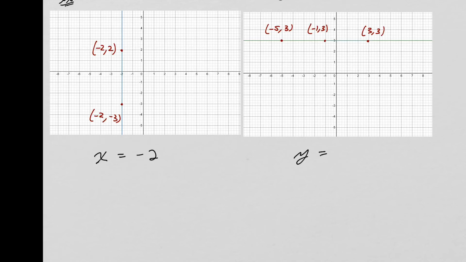So in this case, y is equal to 3. Or we could also write it as a function, f of x is equal to 3. So the quick way of answering the question is to look at the intercept. It's got to be x equals whatever the x value of the x-intercept is, and this one has to be y equals whatever the value of the y-intercept is.